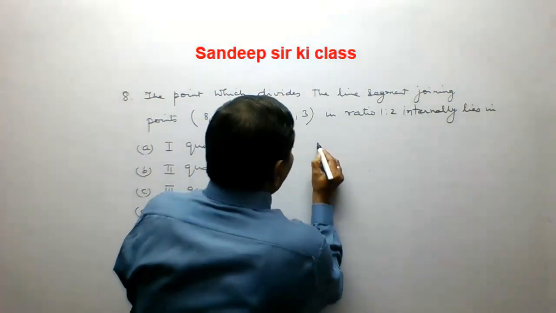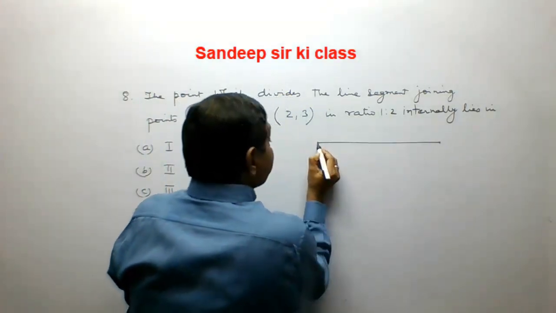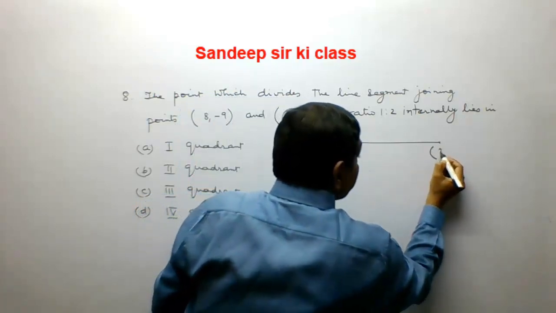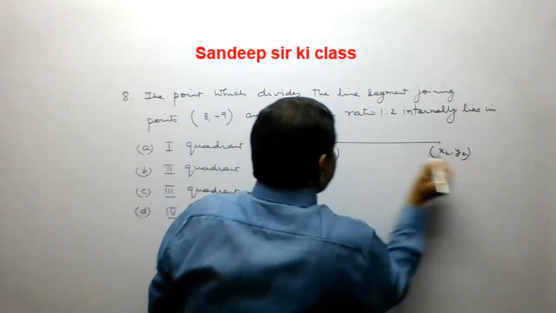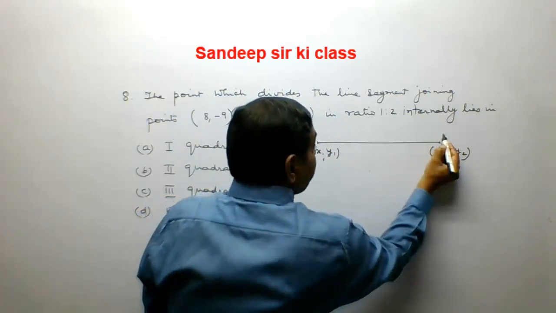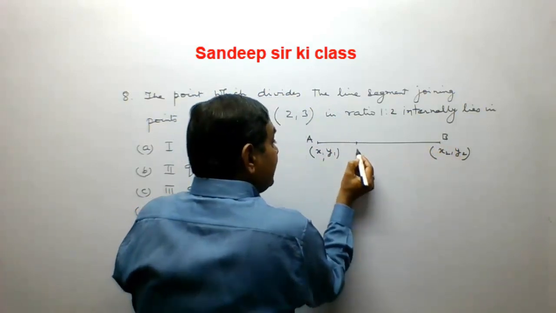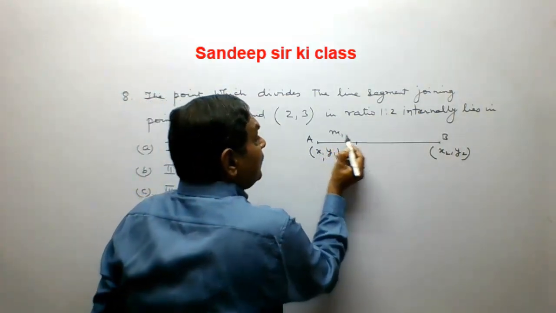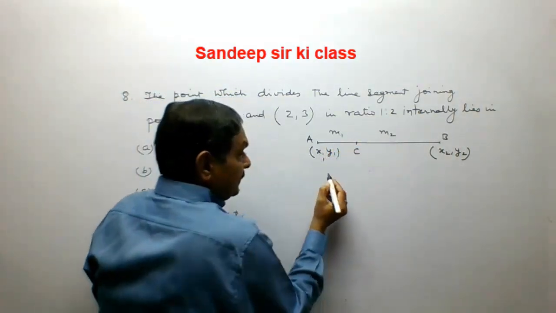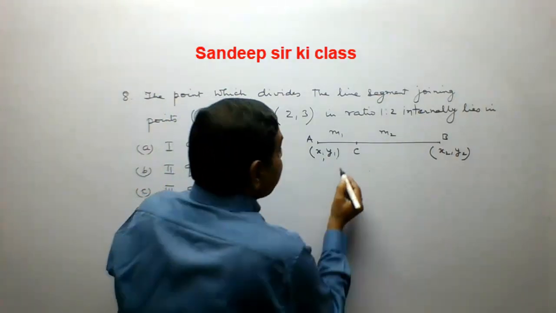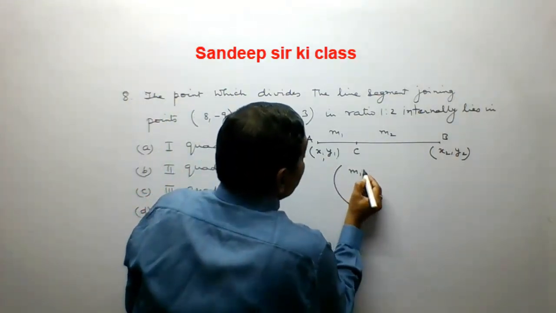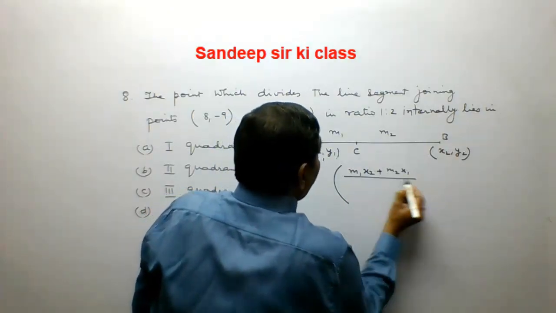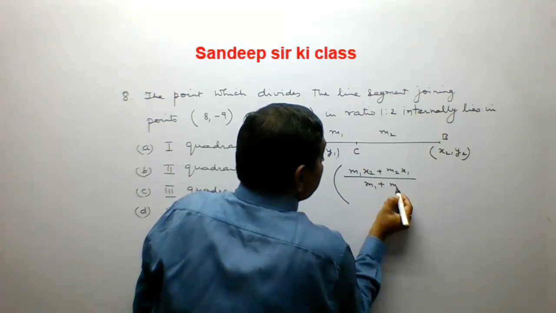Now we know that if there are 2 points x1, y1 and x2, y2, let us say these points are A and B, and a point C divides AB internally in the ratio m1 is to m2, then C has the coordinates m1 x2 plus m2 x1 upon m1 plus m2.